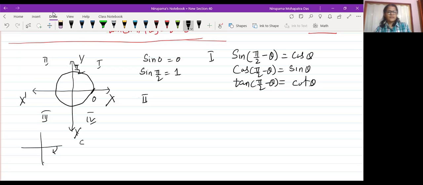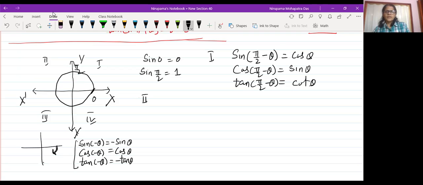So sine minus theta equals minus sine theta, because if we go like this, we are in the fourth quadrant. Cos minus theta equals cos theta. Tan minus theta equals minus tan theta. This is another thing.